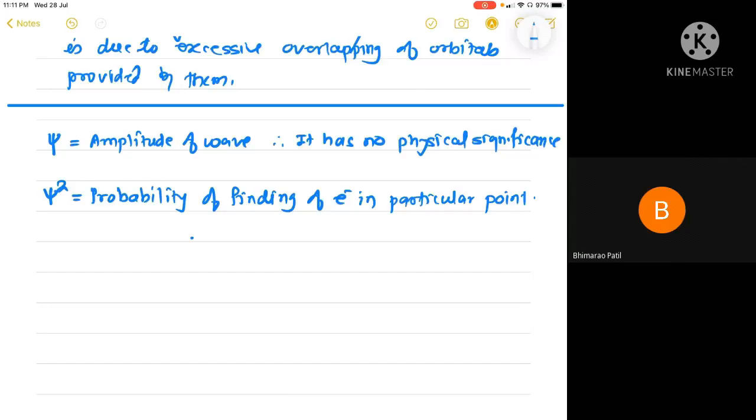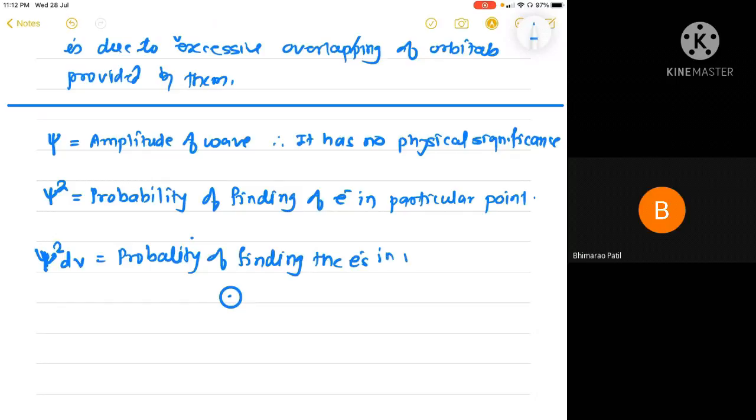Psi square d tau, if it is a small value, is the probability of finding the electron at a particular point in a small volume d tau.